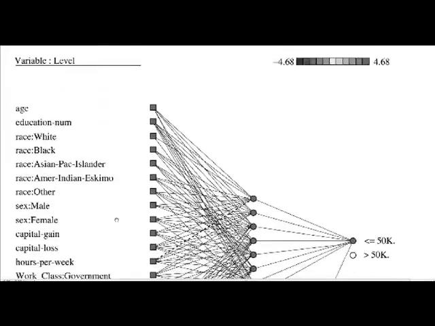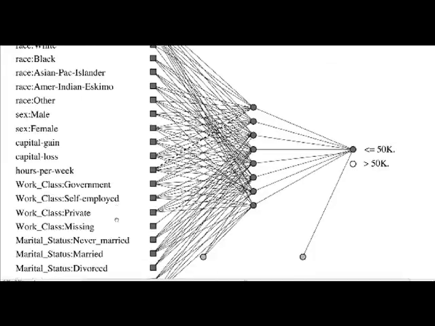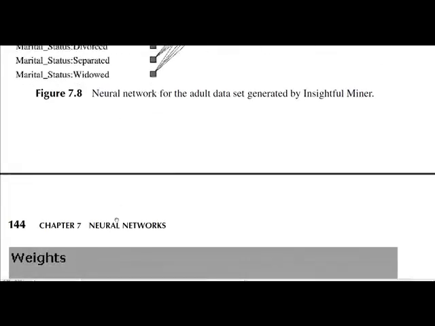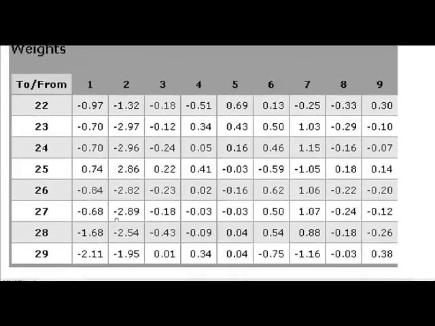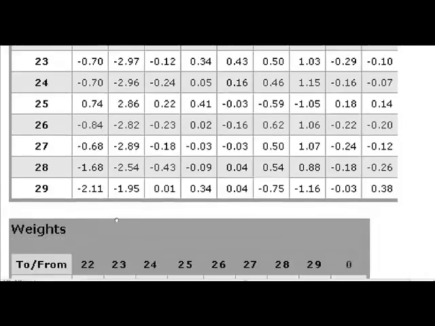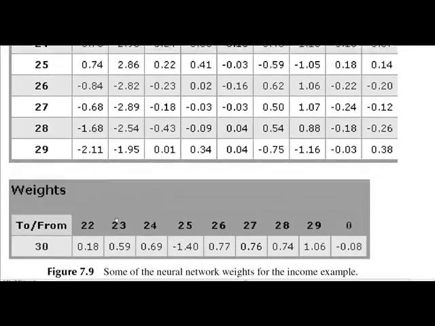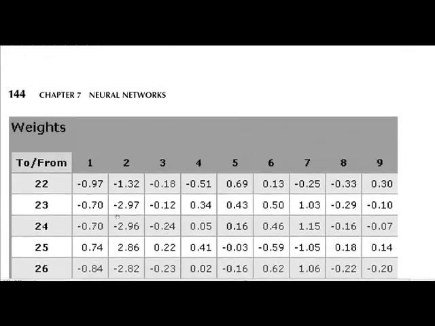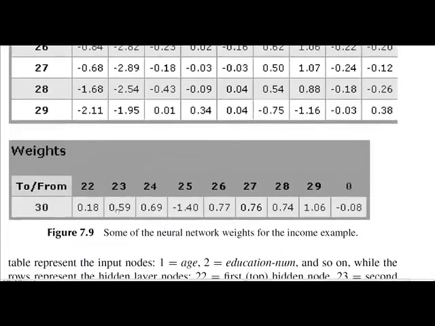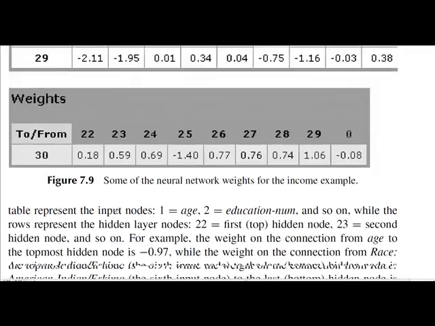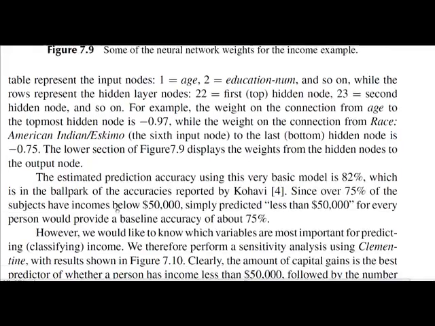This is the picture that we saw originally, or before. You can use Weka to try and do it. These are the weights, I guess, that the model generates. I'm not sure if you can get the weights from Weka or not. If anyone finds out how to do that, please leave a comment on our website. Some of the neural network weights for the income example. Here's the rest of the text here.